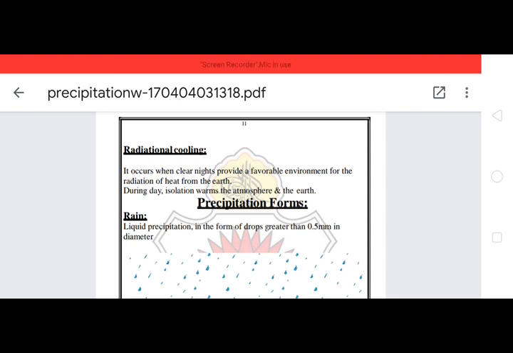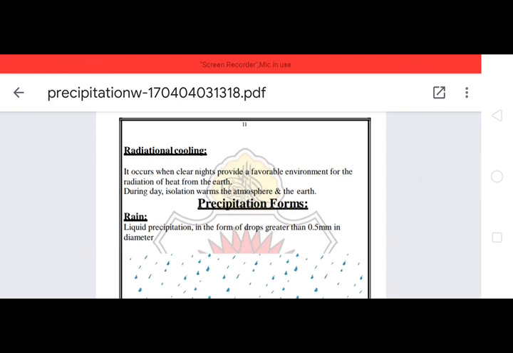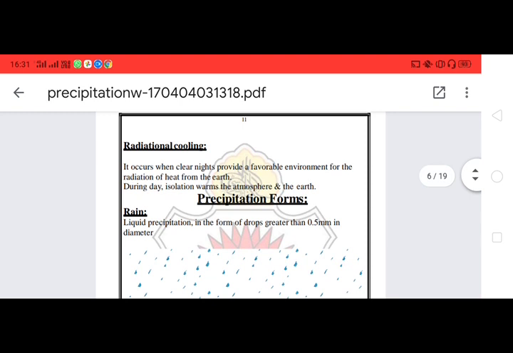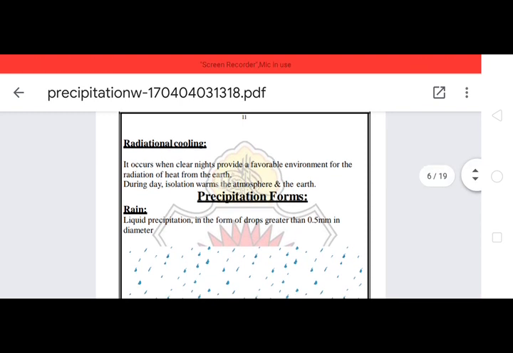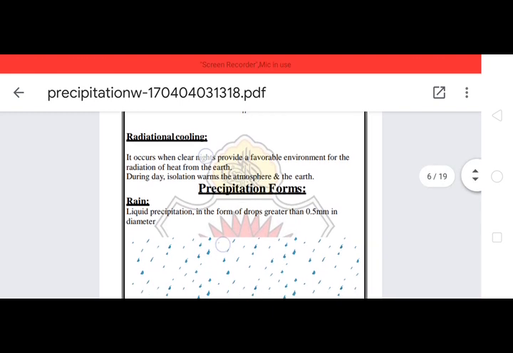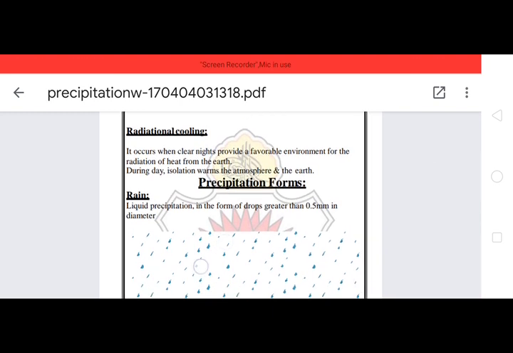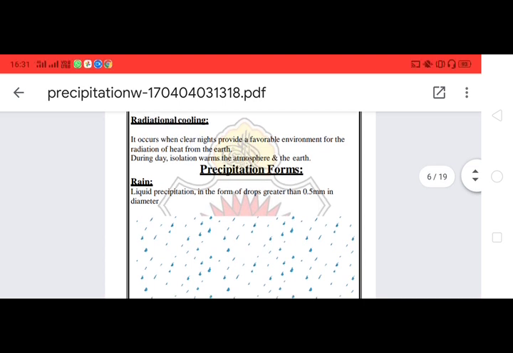The reason behind it is that clear nights provide a favorable environment for the radiation of heat from the earth. During the day, insolation warms the atmosphere and the earth. Those are the causes behind precipitation.